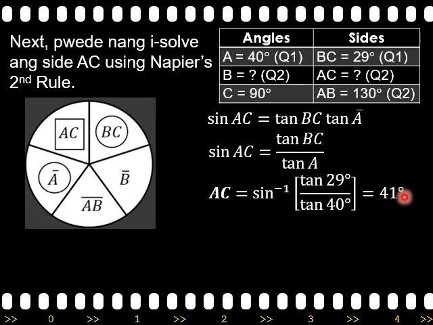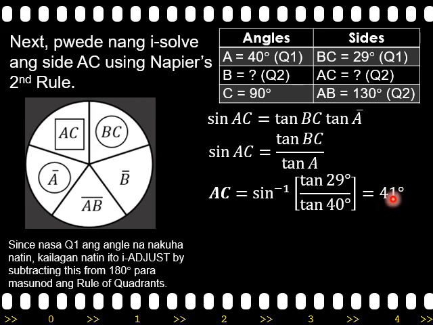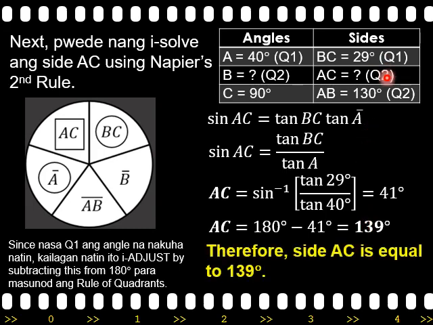So, paano natin siya i-adjust? Isusubtract natin si 41 degrees sa 180 degrees. Yan yung pang-adjust. So, kaya itong 180 minus 41 degrees, sagot niya is 139. Itong 139 degrees is already greater than 90 degrees at siya na ay nasa Q2. So, therefore, side AC is equal to 139 degrees.